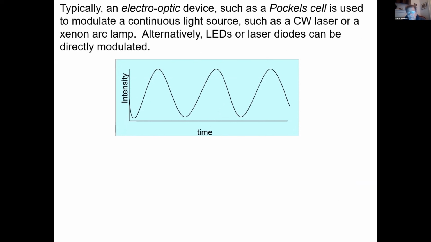And in the older days, and still today in many instruments, people use a Pockels cell electro-optic device to modulate this CW laser or xenon arc, but alternately, it's more common now to use light emitting diodes or laser diodes at the wavelength you want.